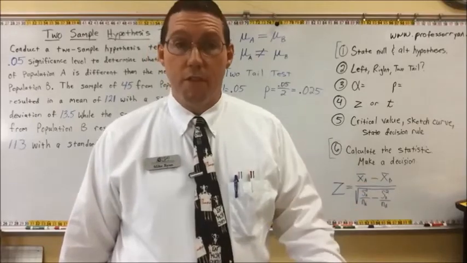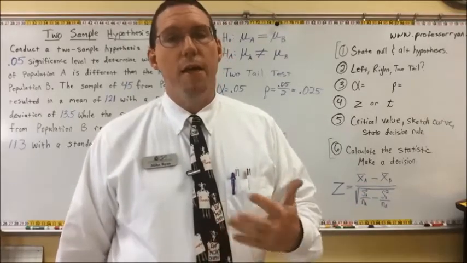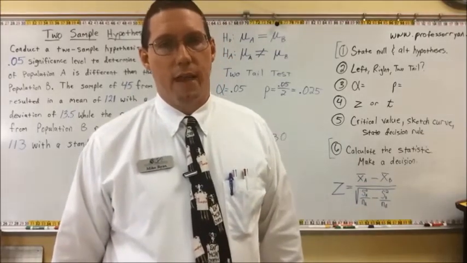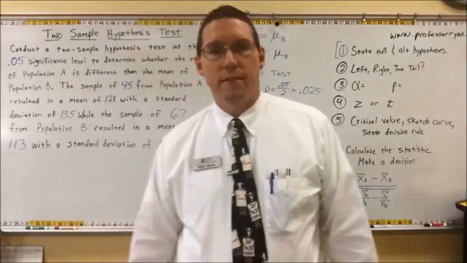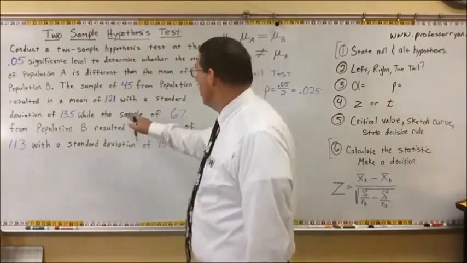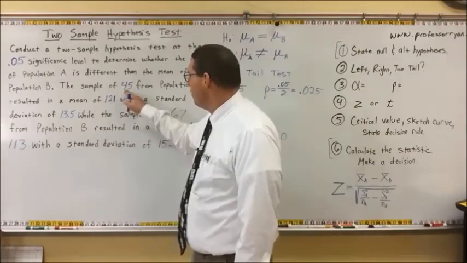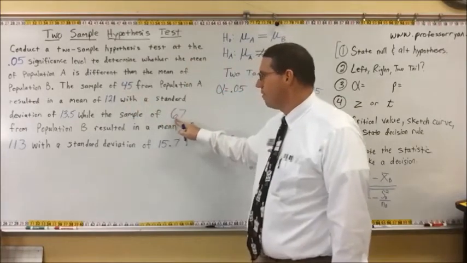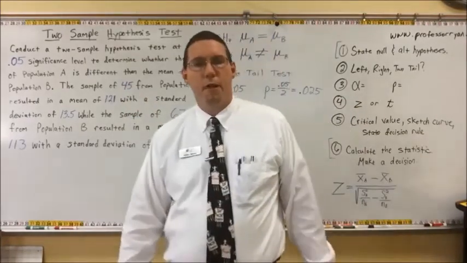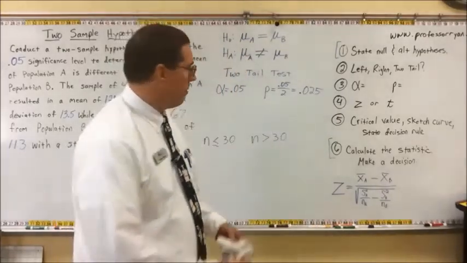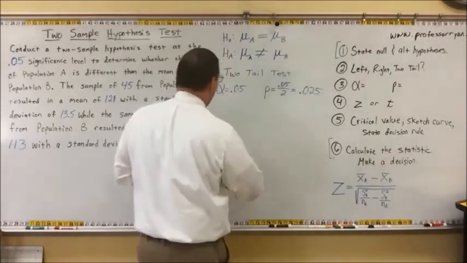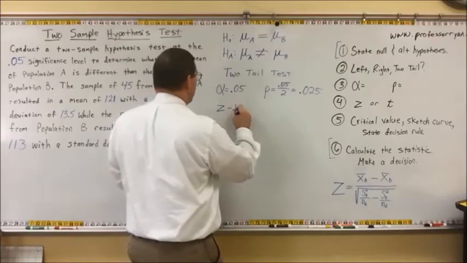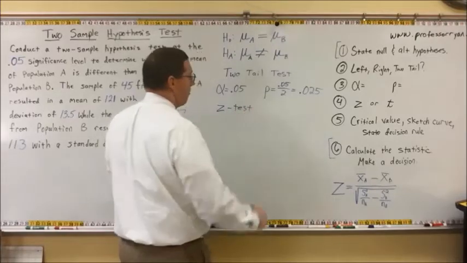But if both of the samples are larger than 30, then you can do a z-test. And we're only going to do z-tests today. But look, we have a sample size of 45 and another sample size of 67. They're both higher than 30, so this is a z-test. Okay, that's step 4.